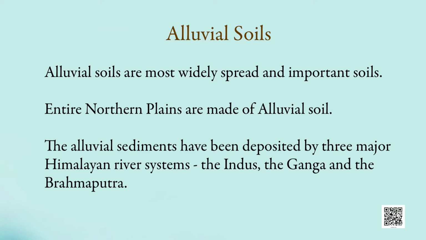So let us take up these soils, and the first soil we'll be discussing will be the alluvial soils. The alluvial soils are the most widely spread and most important soils. You know, the entire northern plains are made of alluvial soil. The alluvial soils have been deposited by the 3 major Himalayan river systems, namely the Indus, the Ganga and the Brahmaputra.